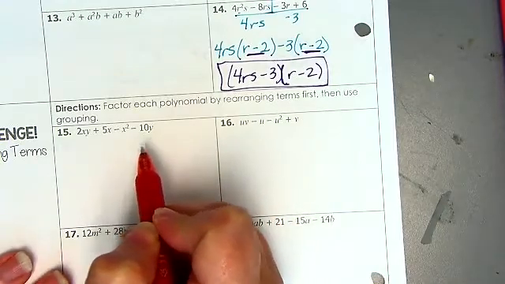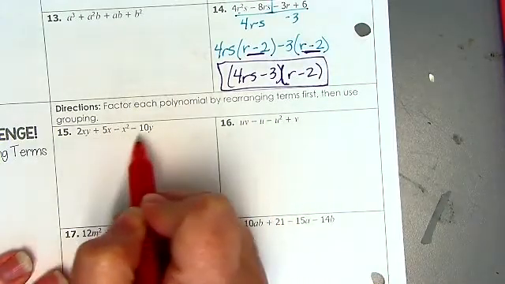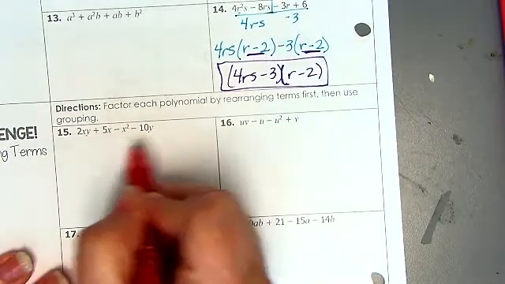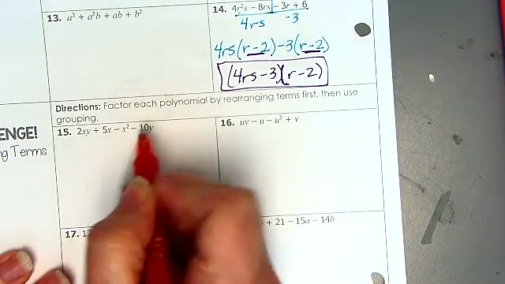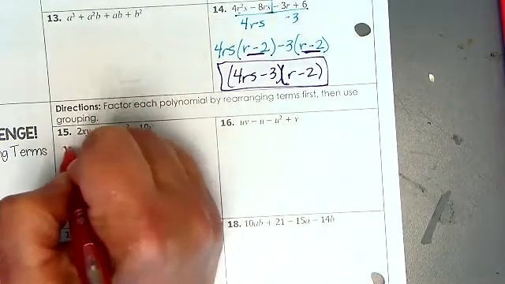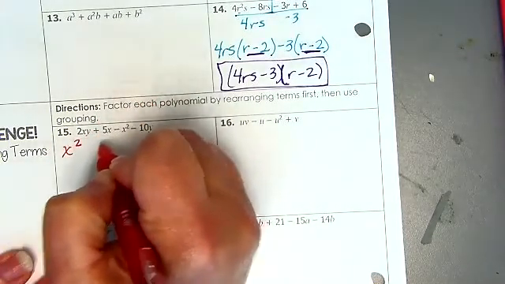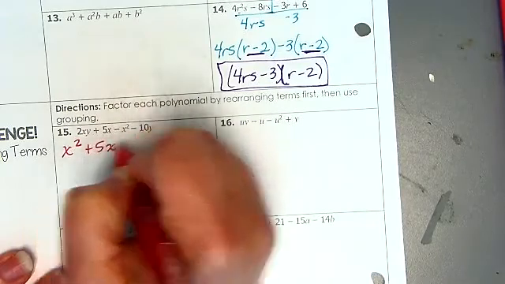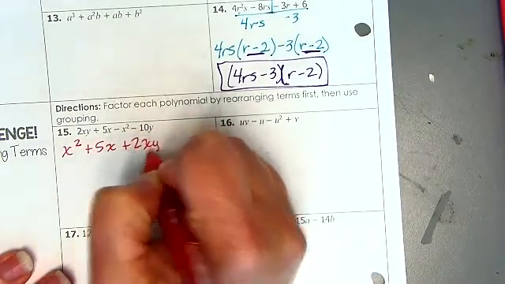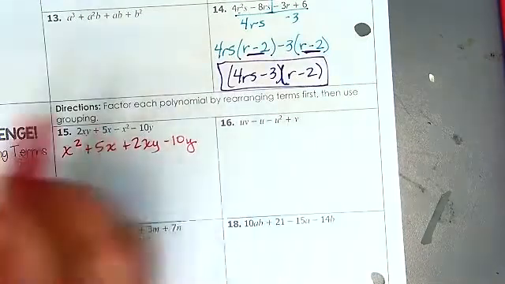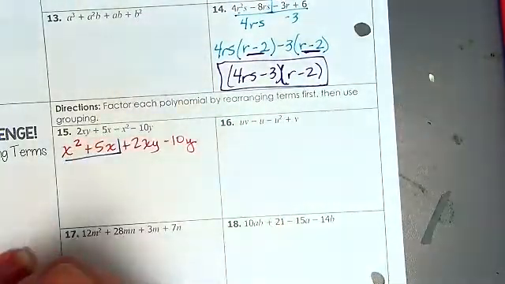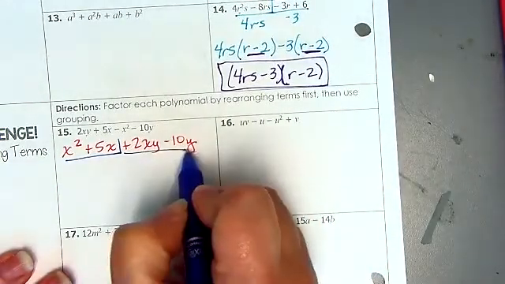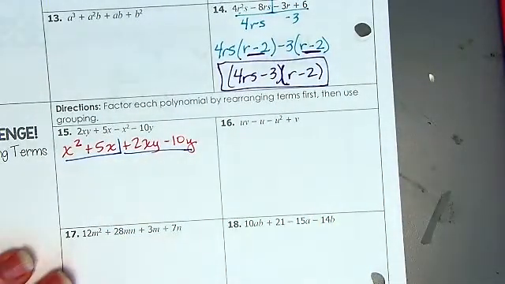But wait a minute, I want all my x's together and my y's together. So I'm going to rewrite this to be x squared plus 5x plus 2xy minus 10y. My whole purpose behind that is because I want my x's together and my y's together.